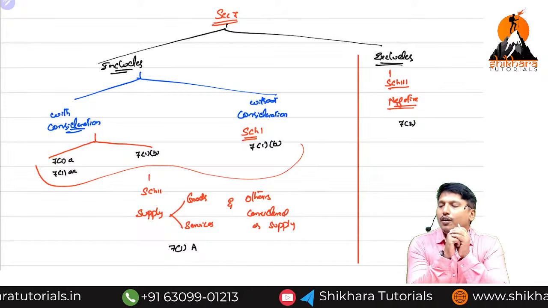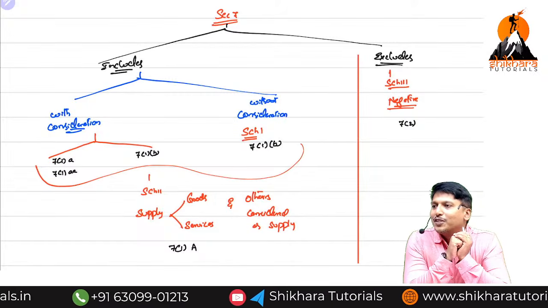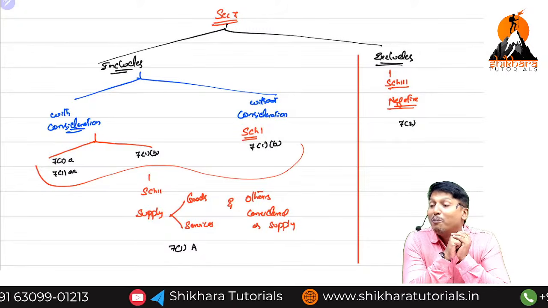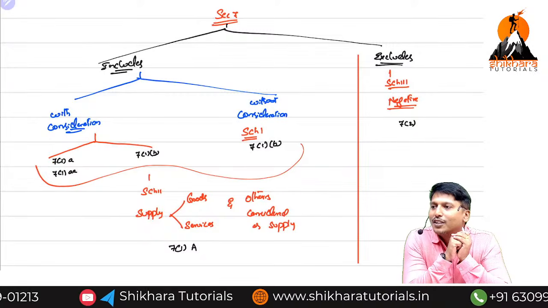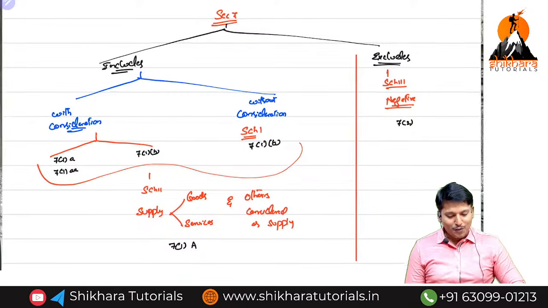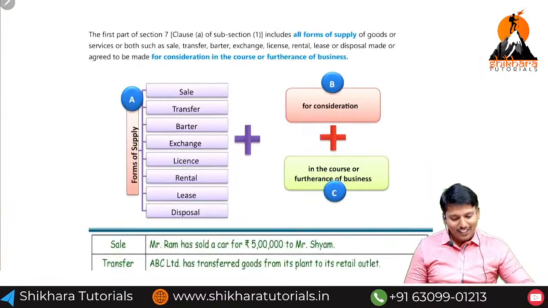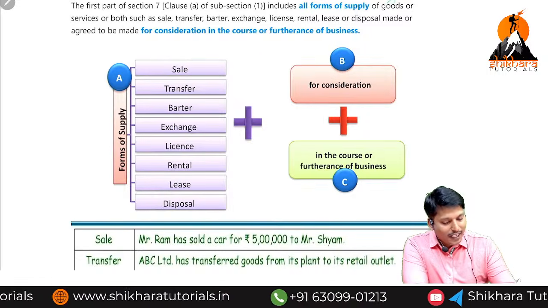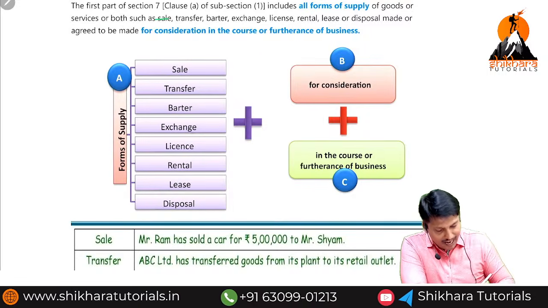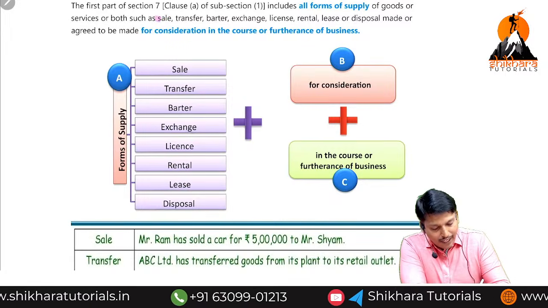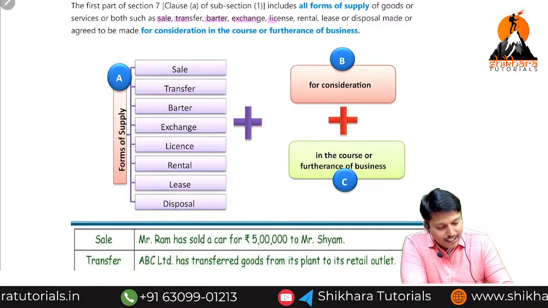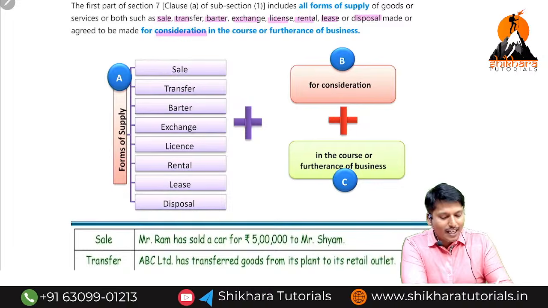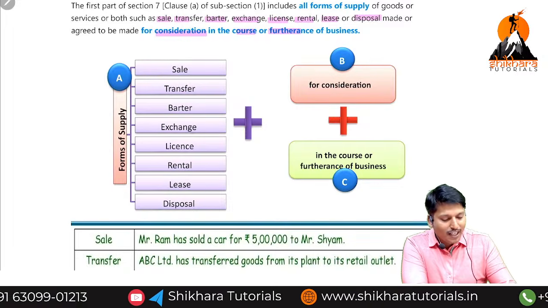Okay. We'll start with the first point, which will take 1 hour minimum. That much depth the subject has. What is the first one? With consideration. See the first line: all forms of sale, transfer, barter, exchange, license, rental, lease, disposal for consideration in the course or furtherance of business.